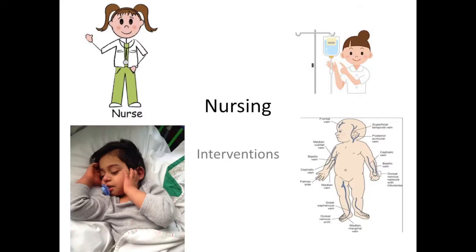So your nursing interventions are going to include monitoring the child. What is the state of their dehydration? And when you look at the child on the lower left, this is a very ill child. We start the IVs, and this is a challenge when a child is dehydrated because their veins are difficult to get to begin with, and then when there's a decrease in the intravascular volume, they're flat and very tough to get.